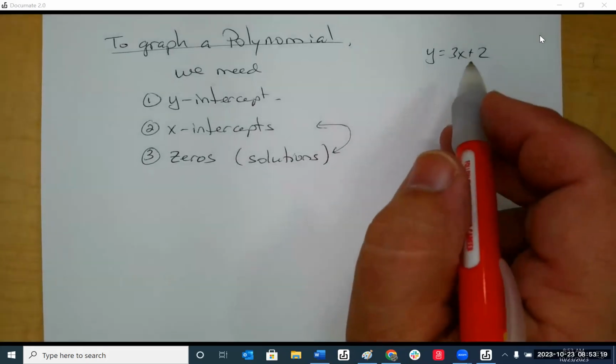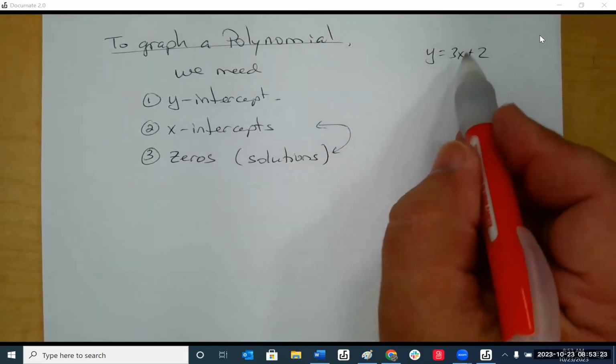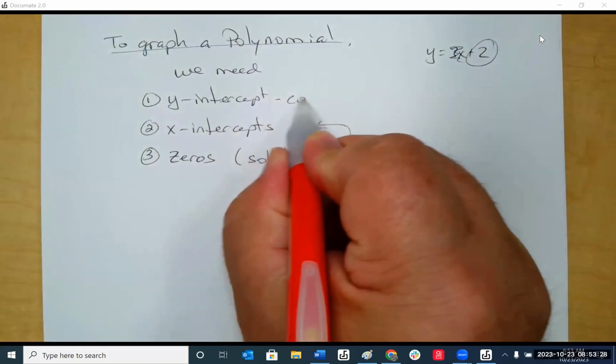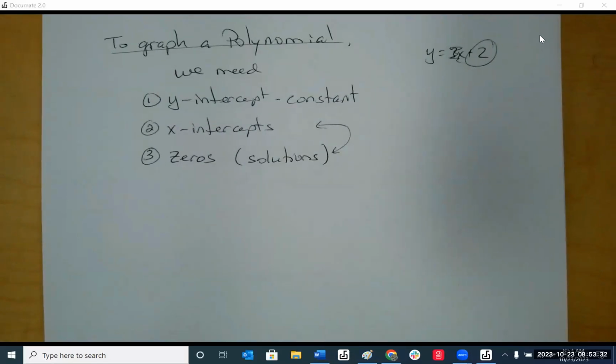Yeah. If you set x equal to 0, because the y-intercept is where x is 0, the constant is always your y-intercept. Always. It's always going to be and always will be.